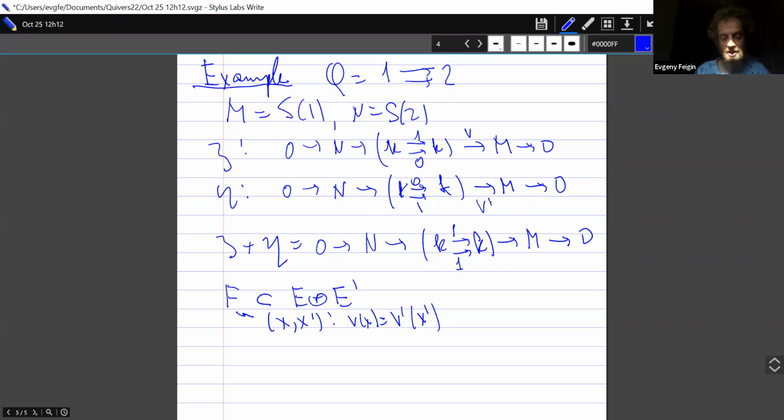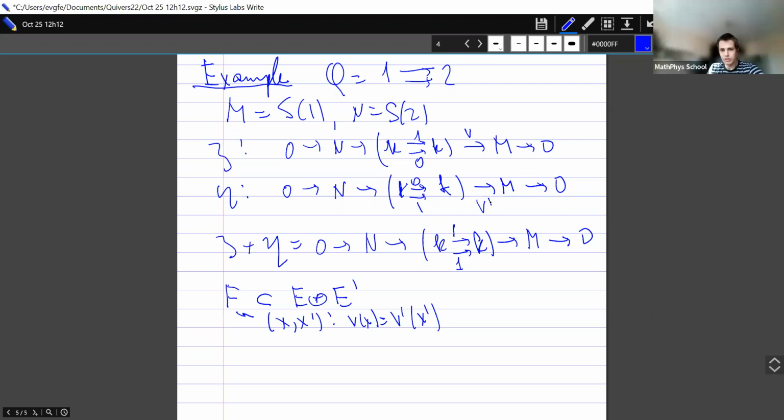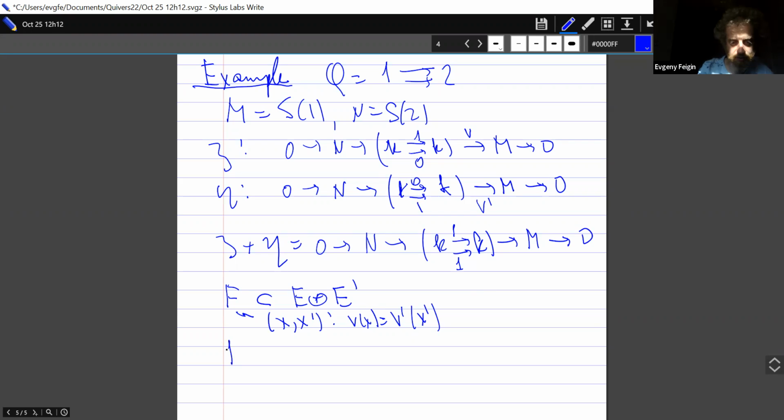So what are the dimensions of F? 3. Yes, so this means that F consists of a one-dimensional space at the first vertex, and a two-dimensional space at the second vertex. And so we have two maps.